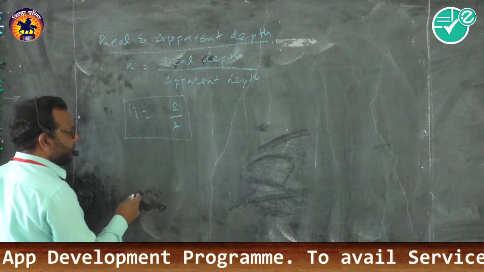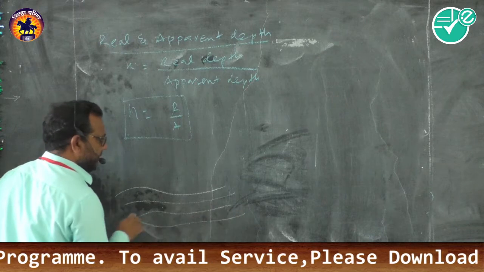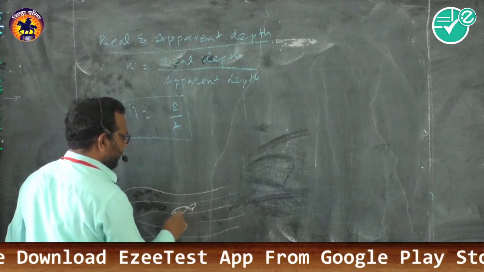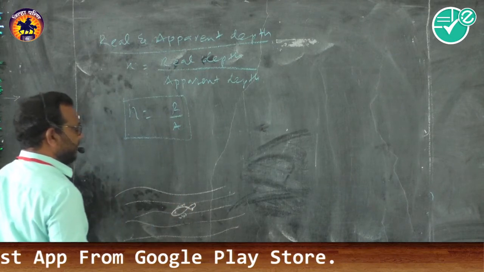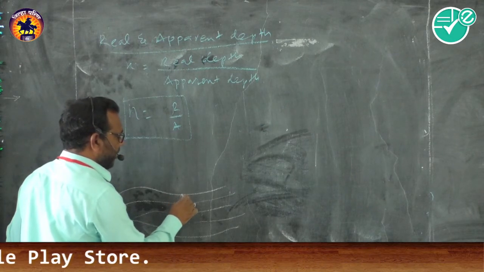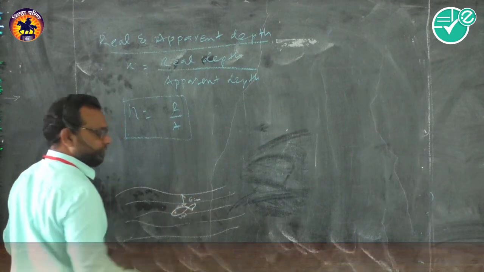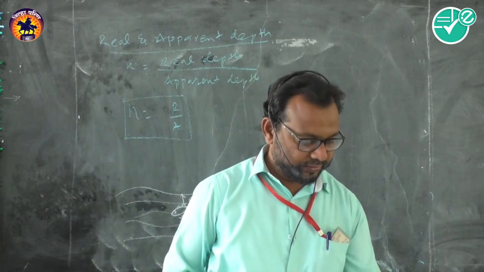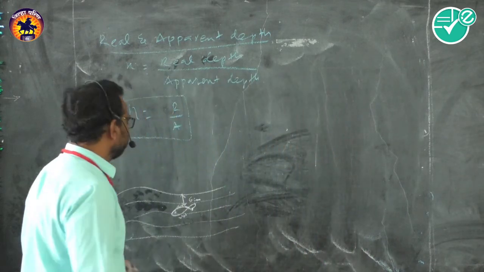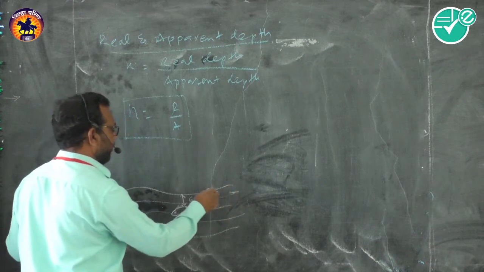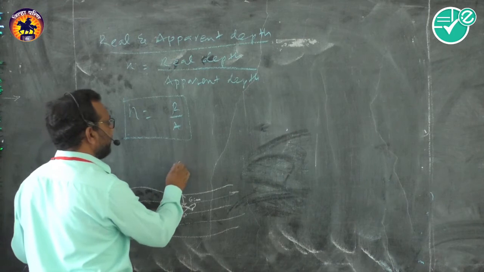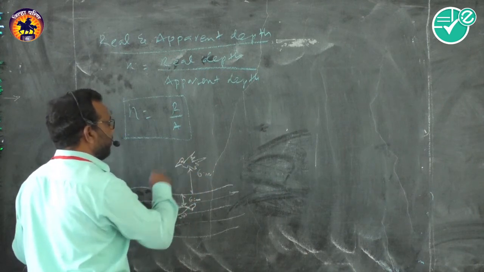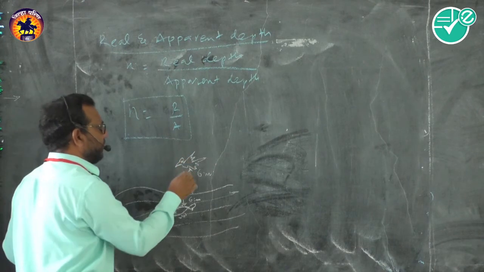Suppose that in this sea or pool, a fish is swimming just 6 centimeters below the upper surface of the water, and a crane is flying 6 meters above the water, and this crane wants to catch that fish.